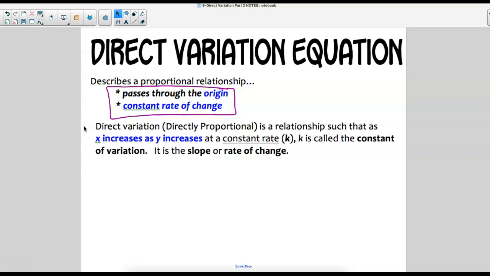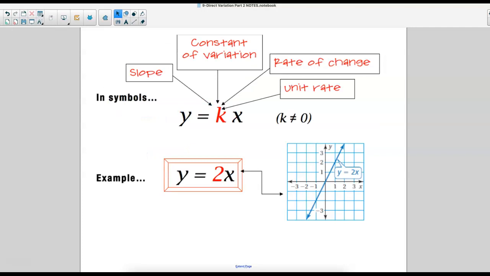Okay, that's kind of confusing. Here's what I mean by that. It looks like this. Okay, this right here is what we call the direct variation equation. y equals kx.